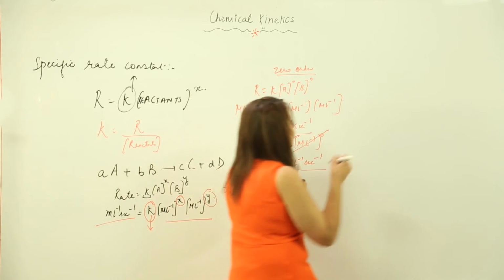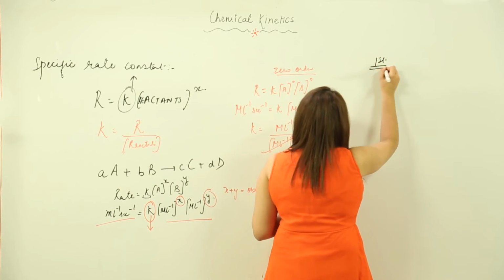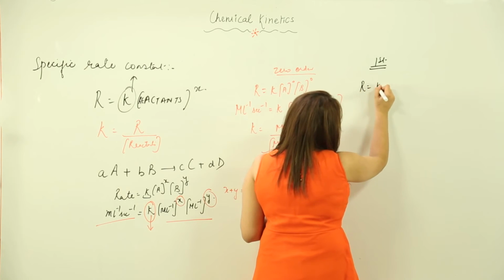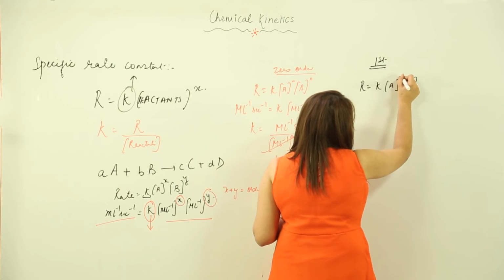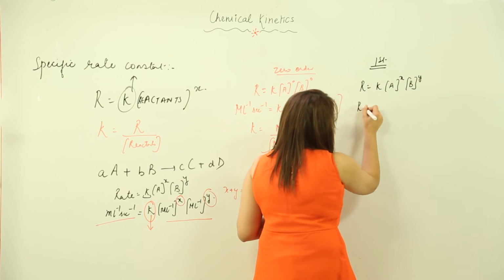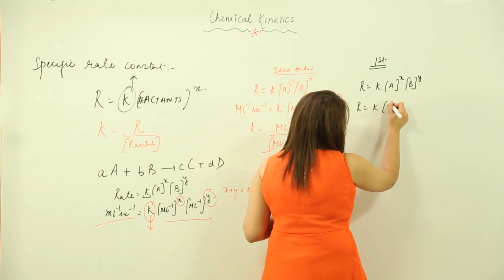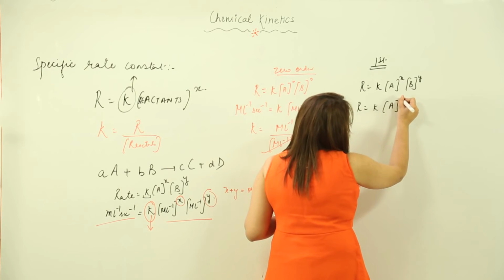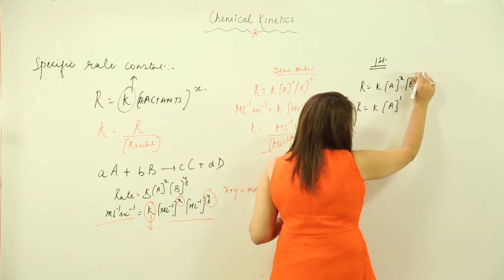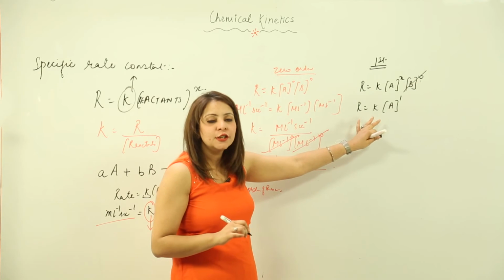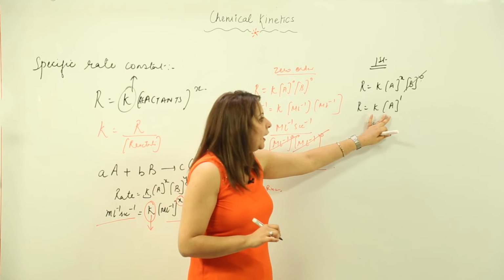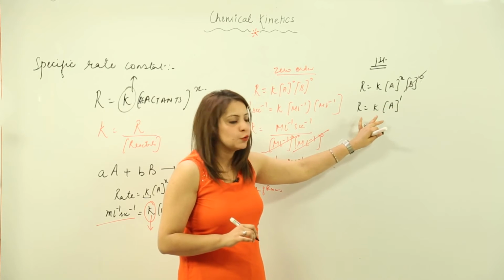Now we consider a first order reaction. In first order, we will write an expression like this: rate is equal to K A to the power 1, and we take B's power Y as 0, so we neglect it. We are just concerned with the concentration of A because the power of A is 1, so it is contributing towards the rate.